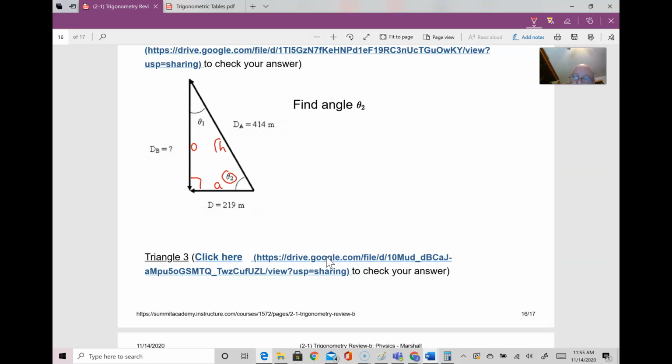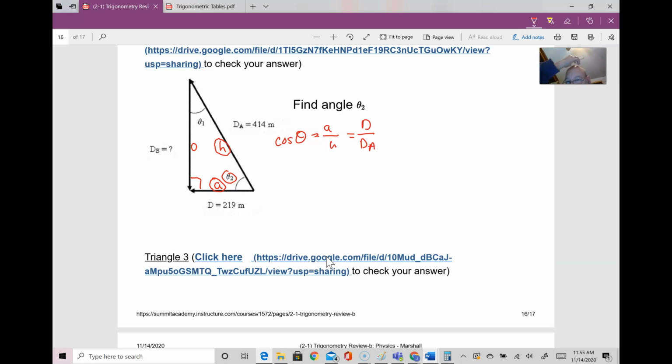I've been given the hypotenuse, and I've been given the adjacent side. And that means cosine, right? A over H, cosine. So I'm just going to write down cosine of theta equals A over H. And by the way, A is D, and H is dA.